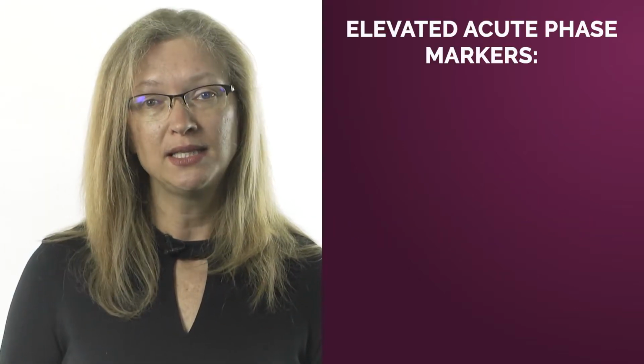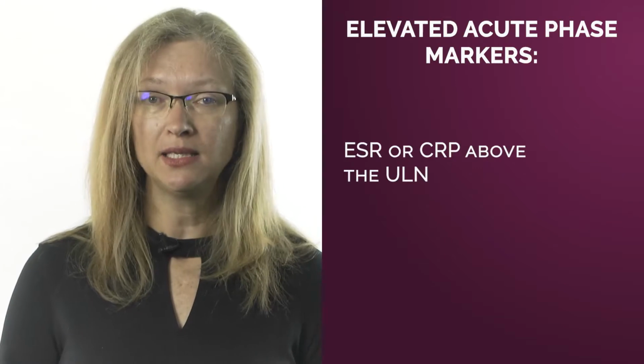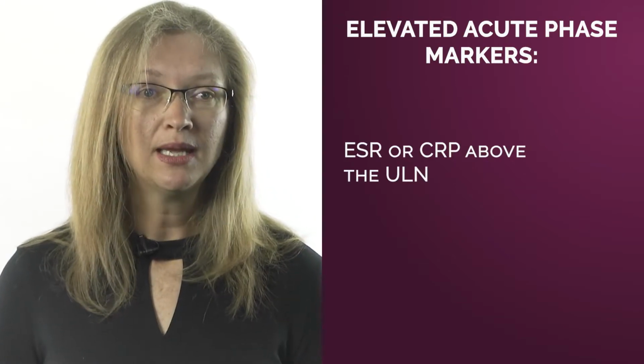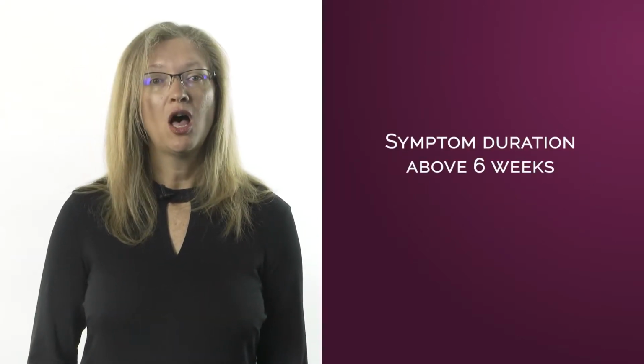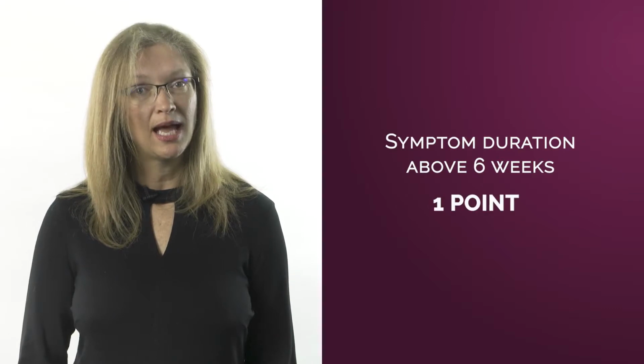Elevated acute phase markers like ESR or CRP allow another 1 point. And then lastly, the symptom duration of at least 6 weeks allocates another 1 point. So if 6 points or more are achieved, you are sure of the diagnosis of rheumatoid arthritis.